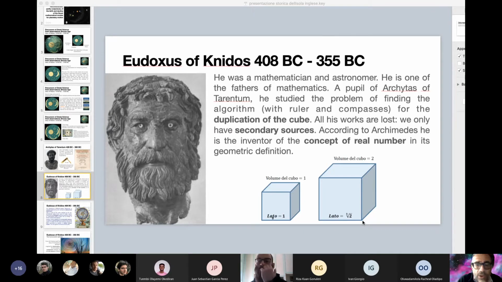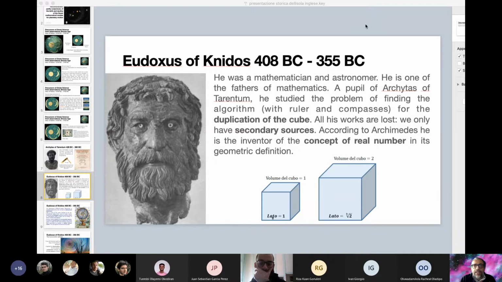So you are not surprised that Eudoxus of Cnidus was the inventor of the concept of real number, because he was probably the first to understand the incommensurability of some segments, and in particular the incommensurability of the side of the cube having volume 1 and the side of a cube having volume 2.